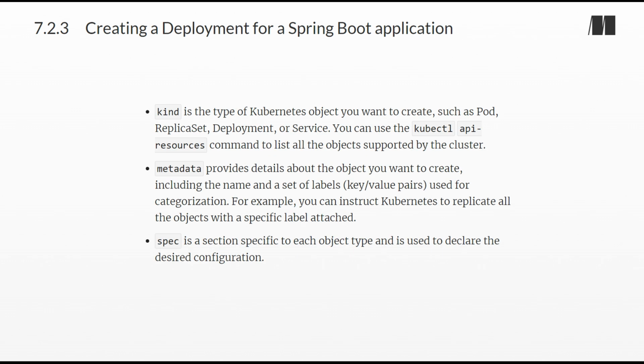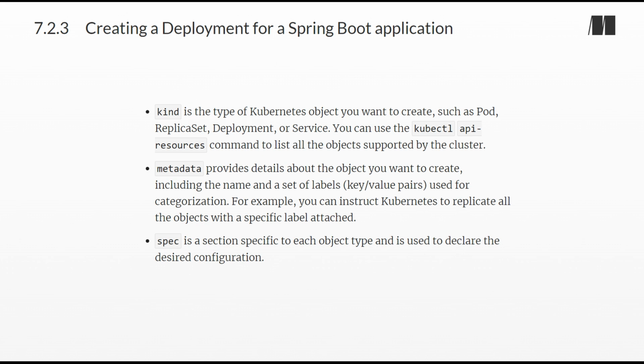Kind is the type of Kubernetes object you want to create, such as pod, replica set, deployment, or service. You can use the kubectl api-resources command to list all the objects supported by the cluster. Metadata provides details about the object you want to create, including the name and a set of labels, key-value pairs, used for categorization.